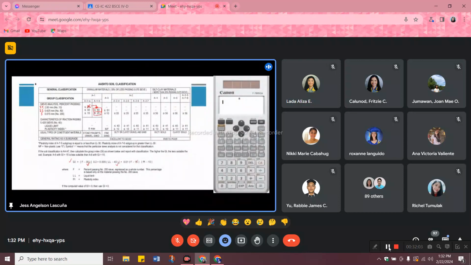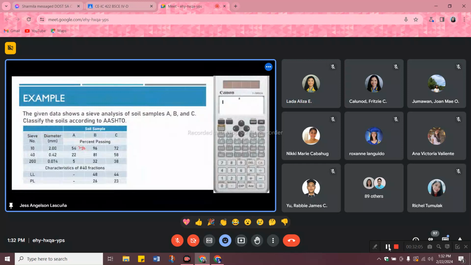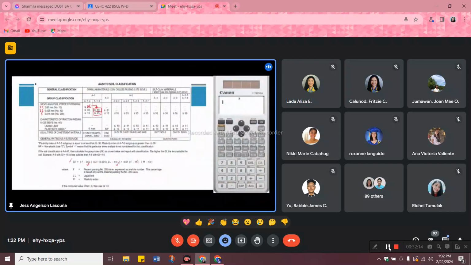And then what's next? Wala tay 40 nga fraction. Number 40 nga LL o PL, di ba? And then go down ta. Ang imong liquid limit is wala siya diha. And yung plasticity index, ano siya? Wala po. Dili man given.